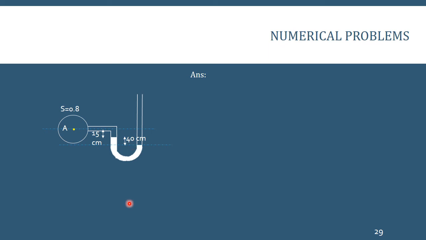Since it is vacuum pressure, the free surface is taken to be the line XX. I am going to find the pressure in the right limb at AA, which is atmospheric pressure, so it's equal to 0.